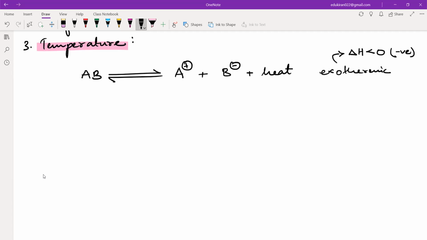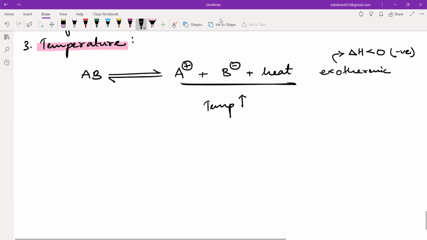Now listen very carefully. If I am to increase the temperature, then what am I increasing? I am increasing one of the products. Yes or no? If I increase one of the products, then the reaction will go in the backward direction.